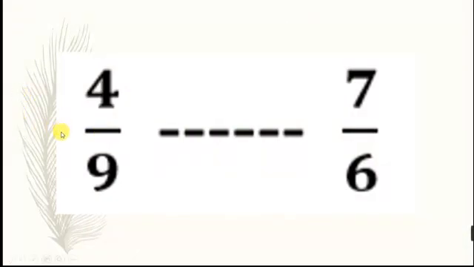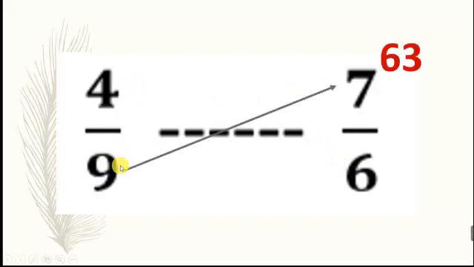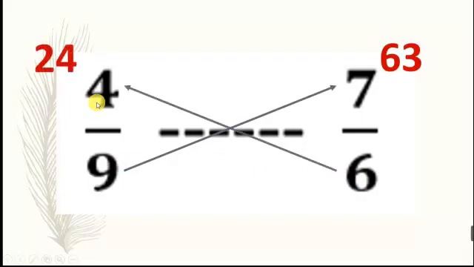What is cross multiplication? I'm going to multiply 9 by 7 and 6 by 4, like this. 9 by 7 equal 63, and 6 by 4 equal 24. So we got here 24 and here 63. Which is greater, 24 or 63? It's 63.